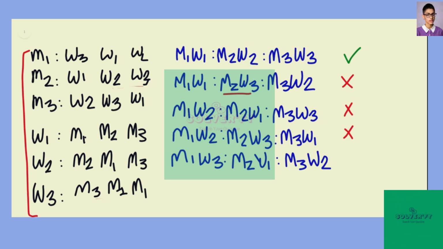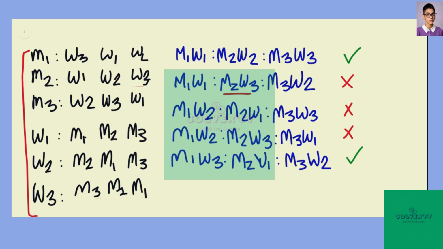So all the men are with their ideal partner here. So you're never in a situation where both partners can improve by switching. And so this is a stable condition.